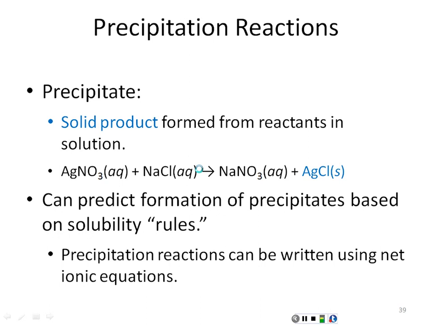When you mix these two solutions, you would get silver chloride solid and be left with sodium nitrate dissolved, aqueous. Can you predict the formation of a precipitate? And you can. You have to use the solubility rules.